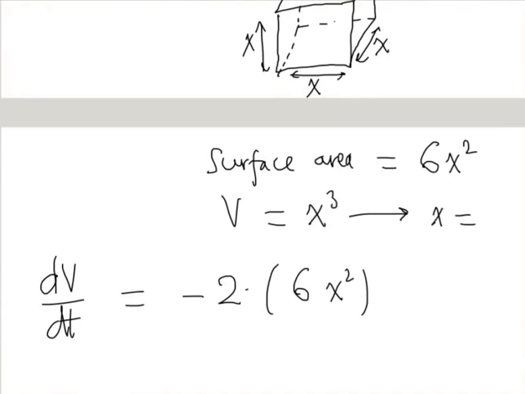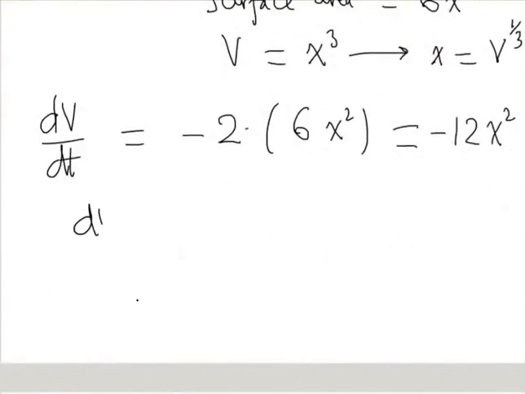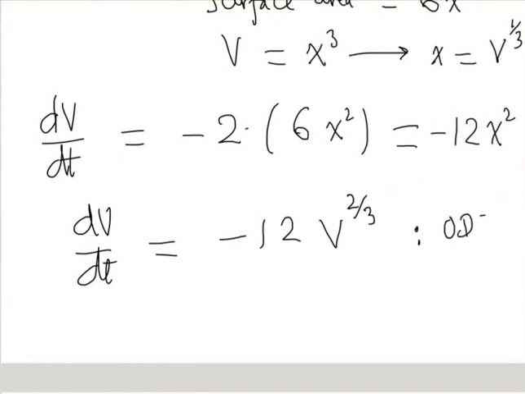We have x is the cube root of V, or V to the 1/3. Now put it here, we will have minus 12x squared, and x is V to the 1/3, so x squared is V to the 2/3. And this is the ODE that we're looking for, the differential equation for the unknown V.